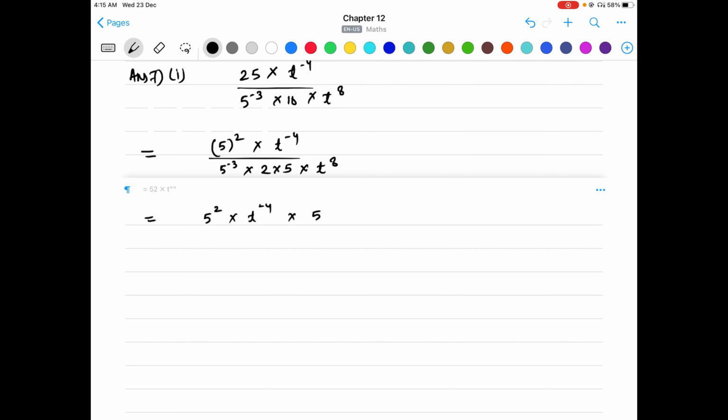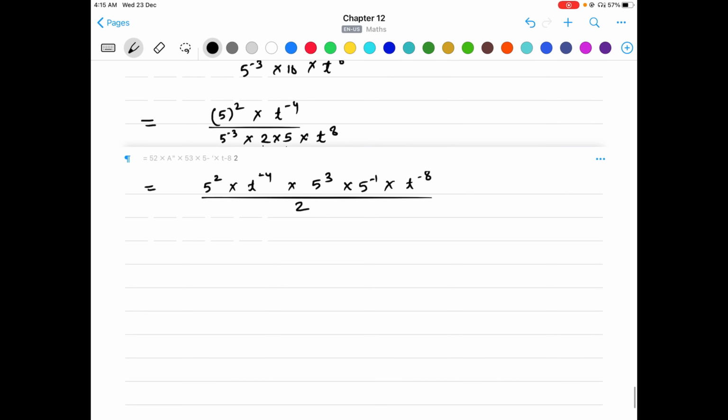This 5 power minus 3, when shifted to the numerator, will be 5 power plus 3, keeping this minus 2 still in the denominator. We are not moving this 2 to the numerator, so this 5 will change to 5 power minus 1, and this t power minus 8 will change to t power plus 8, divided by 2.